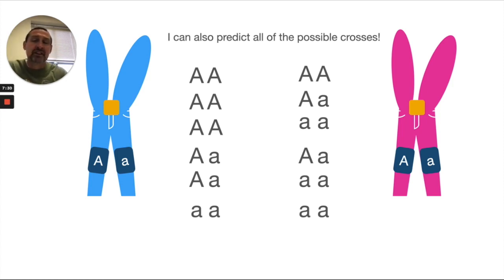Whether you use the letter A or the letter R or the letter T, it doesn't matter what letter you're using, and it doesn't matter what trait we're talking about. If the traits follow Mendel's principles of inheritance, there are only 6 possible questions to ask. There's only 6 possible combinations of crosses.